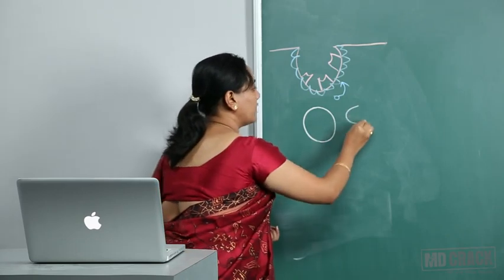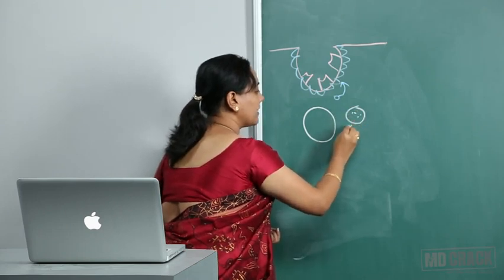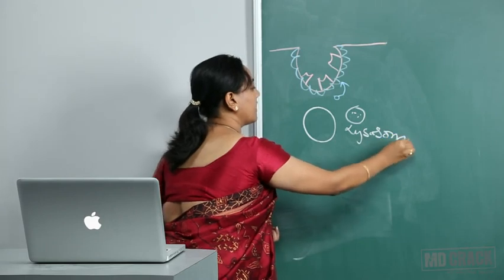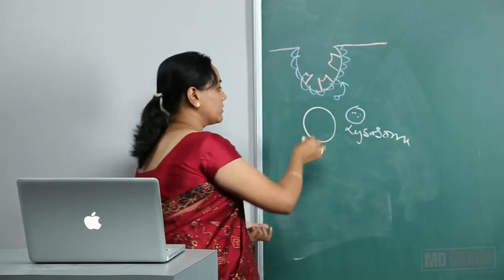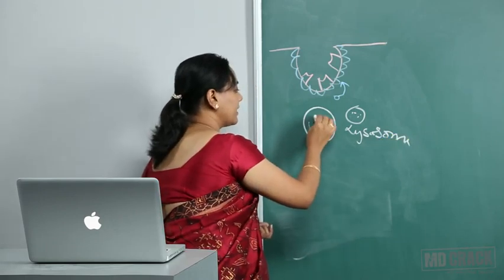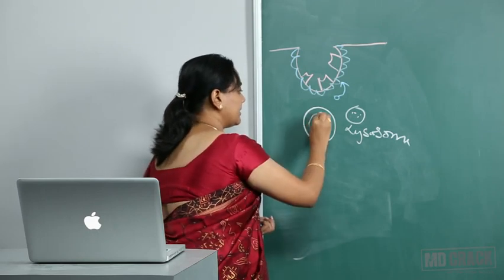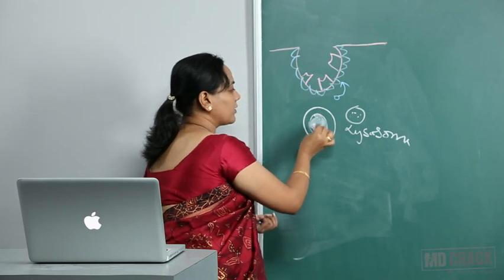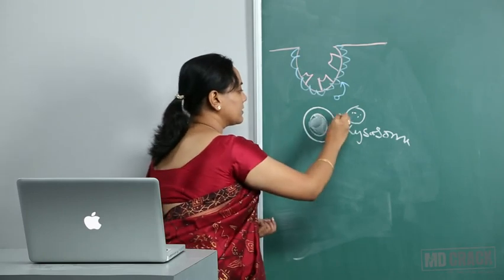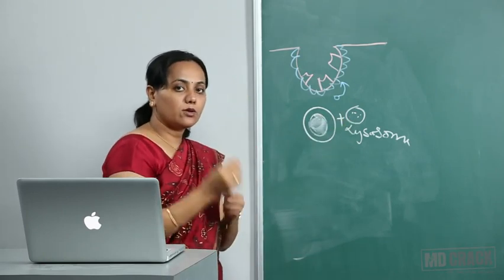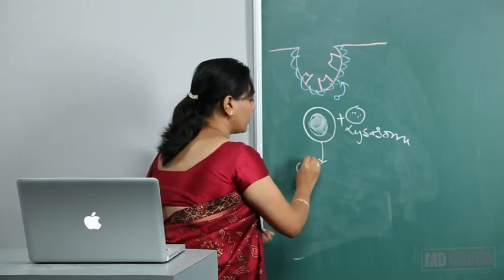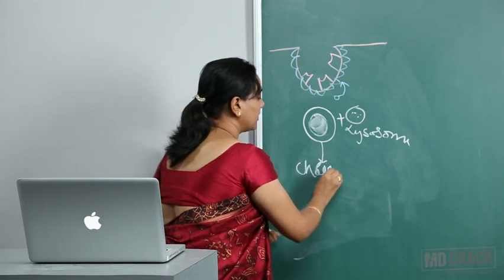This phagosome will come and bind with a lysosome, just like with bacteria. So the LDL is still there. This LDL, which is filled with cholesterol, is in a phagosome. It combines with a lysosome, and now a phagolysosome is formed, and finally free cholesterol is released to the tissues.